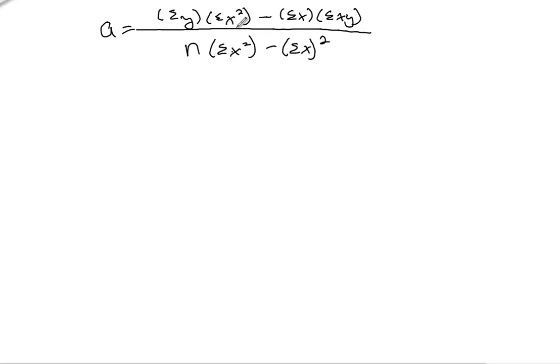Now if you recall, we actually already found all of these sums when we found the correlation coefficient, where we drew out the table. And we're going to look at that again.